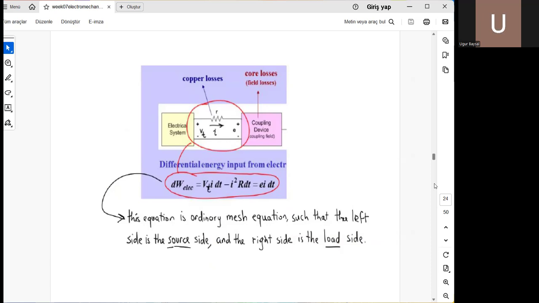So considering the first or left part of the energy conversion device, from the electrical system to the coupling device, which is a magnetic circuit.